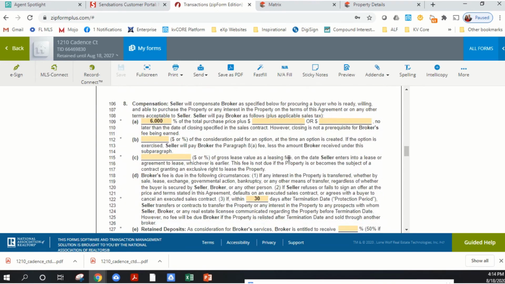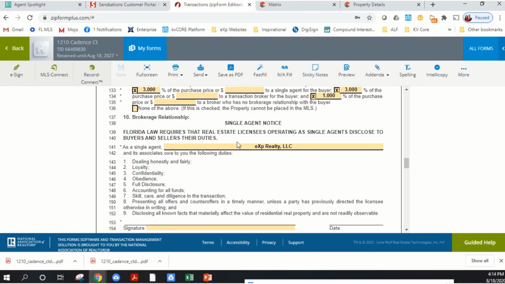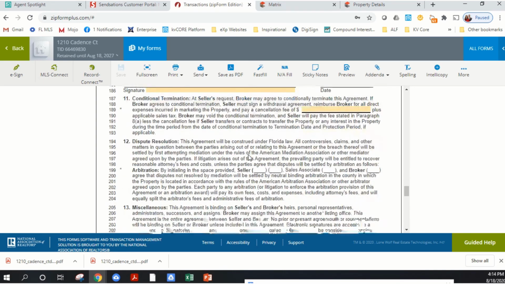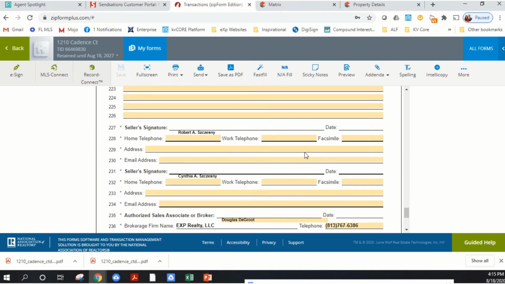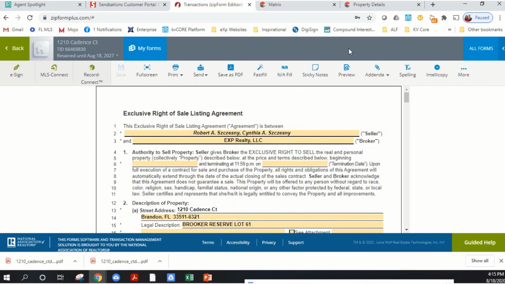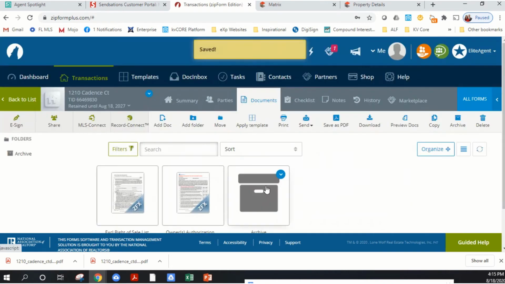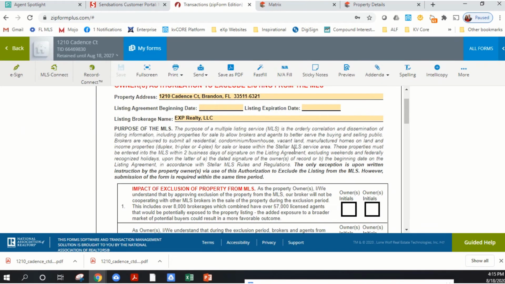When I go on my listing appointments, I do try to take paperwork with me, especially if I don't really know these people that well, and if I can get them to sign paperwork, at least the listing agreement, while we're there, that's the best thing for me. The other thing I take is this paper.